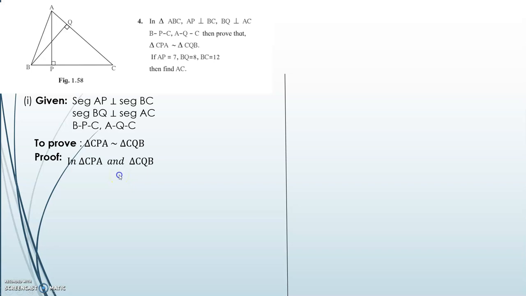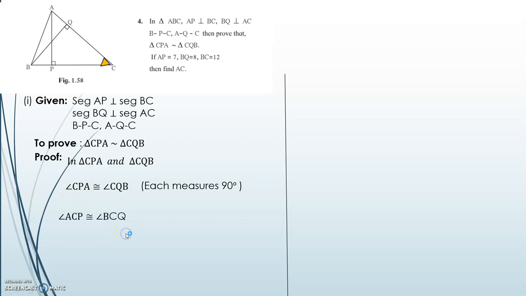Each measures 90 degrees. So now here we can see in both the triangles we have angle C as a common angle. So we can rearrange this and let angle C come in the center.